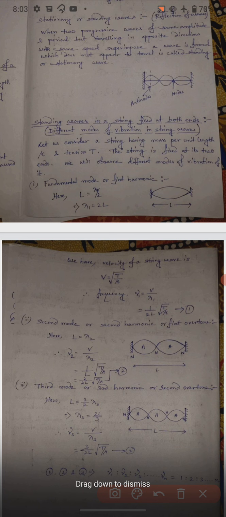Here you can see, this is the length of the string, L. Since each time we are taking the same string, the length of the string will remain the same in all the modes. Okay. Then wavelength. About wavelength, you remember one thing here. This is one semicircle, right? One semicircle means how many waves are there?